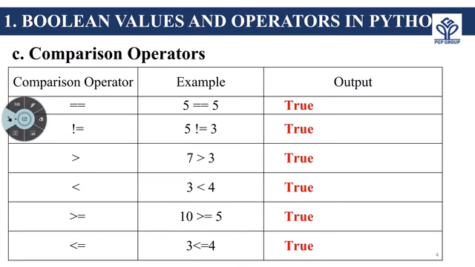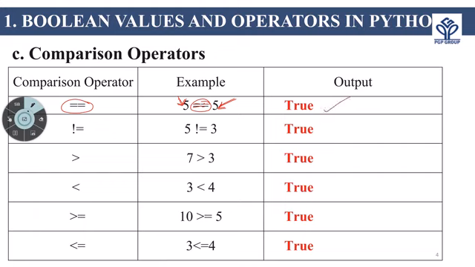Next one, comparison operators. How do we compare the operands? With comparison operators we get only Boolean values, true or false. We use double equal to, which means the left side operand and the right side operand must be equal. The left side value 5 and the right side value 5 are equal, so it returns true.